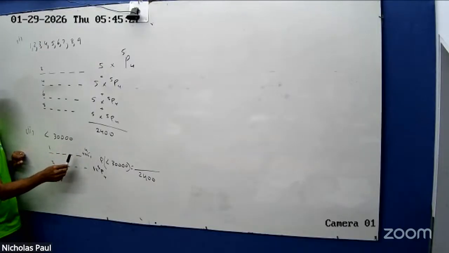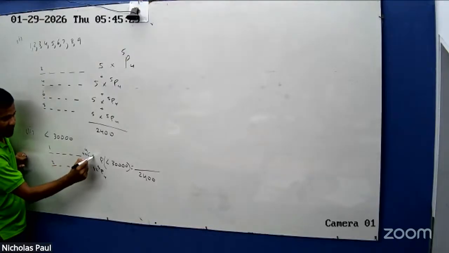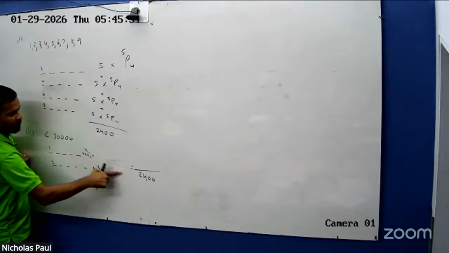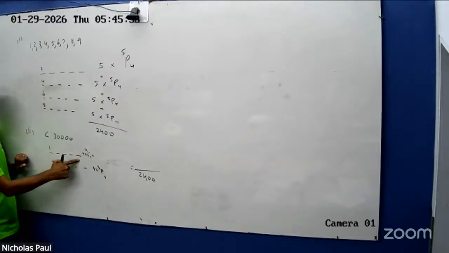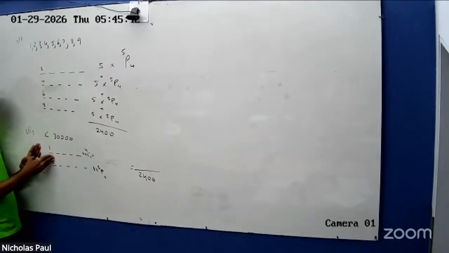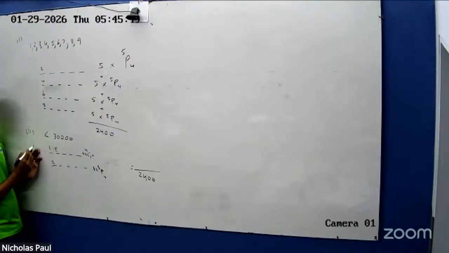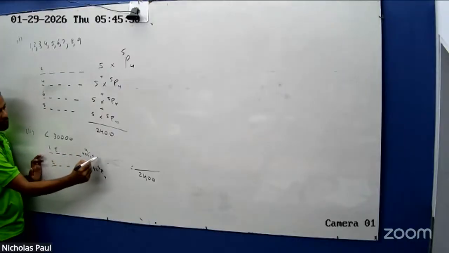And lastly, how much remaining? 3 spaces remaining, right? Because remember, we picked an even number, staying there. We have an even number somewhere. I put E for even. So I have 3 more spaces now.